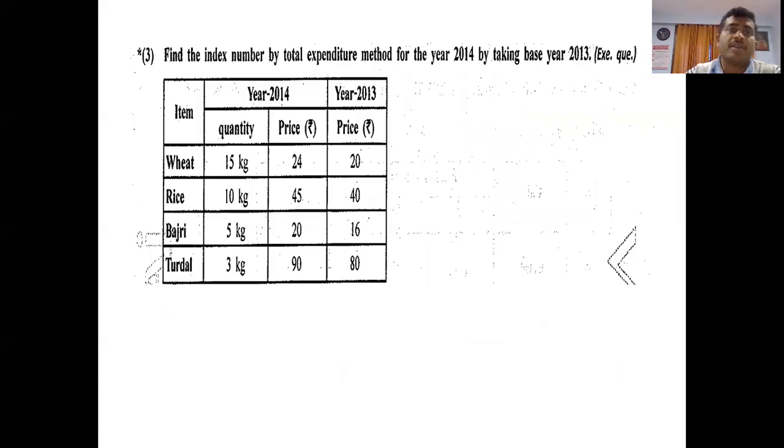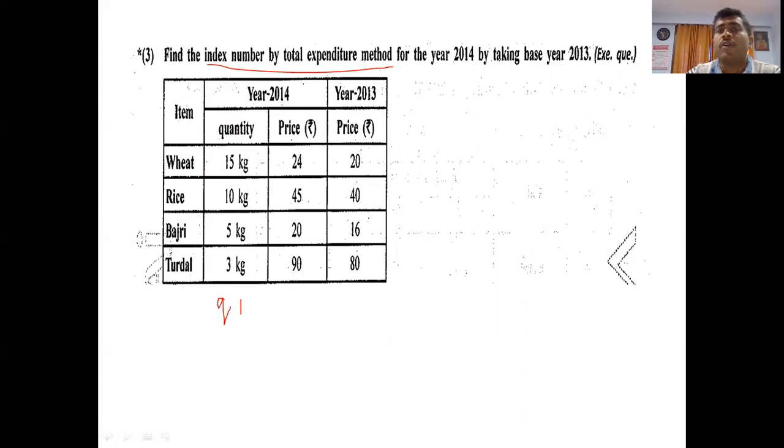Clear? Now friends, third question. Total 7 questions are there. The third: find index number by again the total expenditure method. Again total expenditure. So now again we have the confusion. Sir, by which formula? So you can see quantity of 2014, by which name is it known? Yes, it is known as Q1.